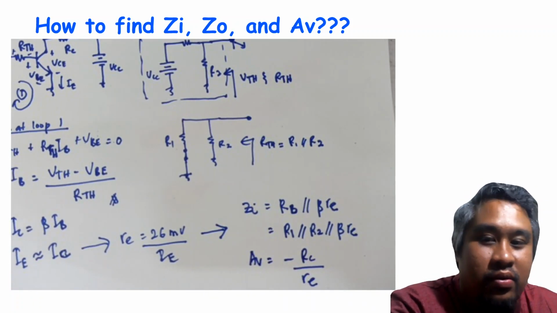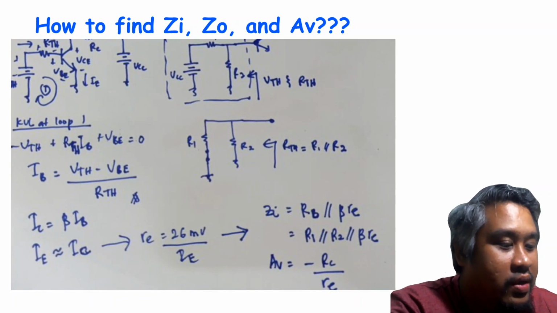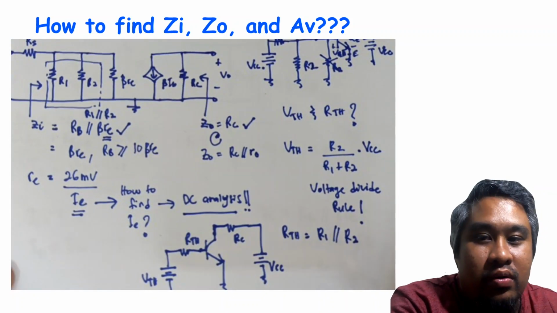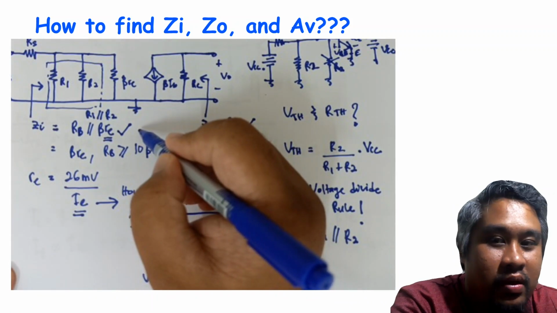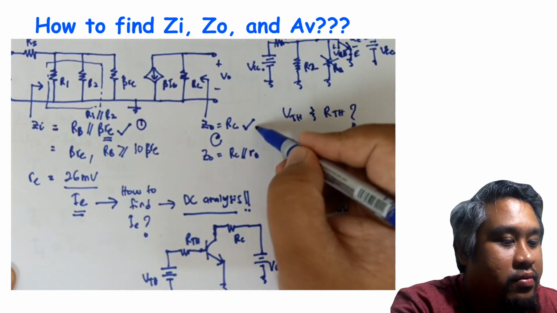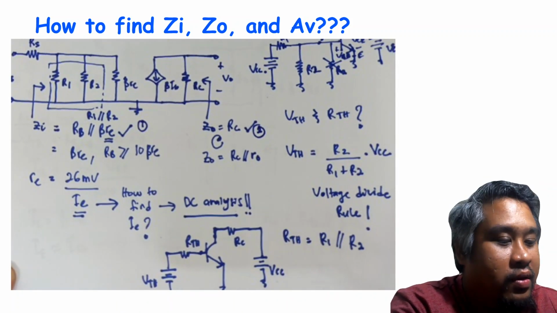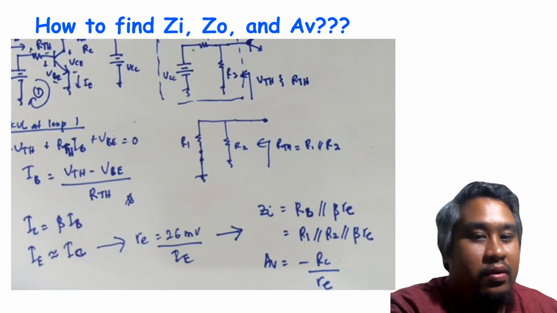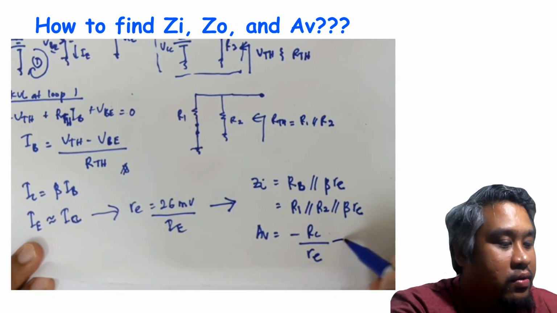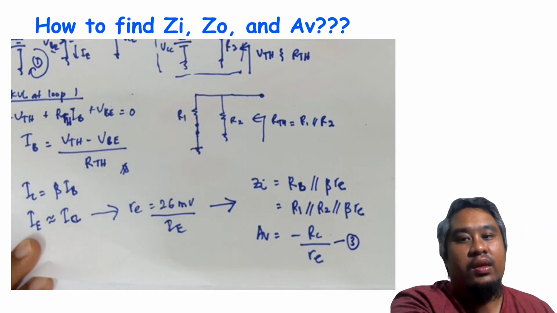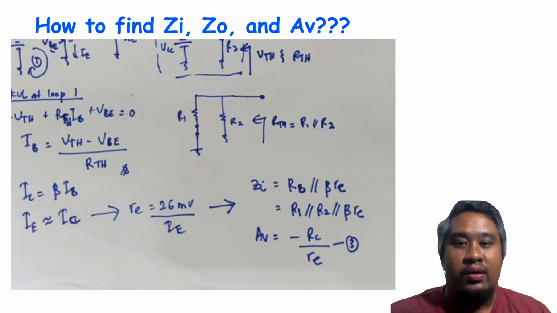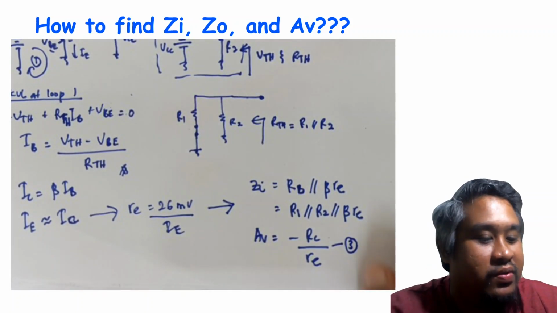Now we have to find the value for ZI, Z out and AV, these three values. So we complete the objective for this video.